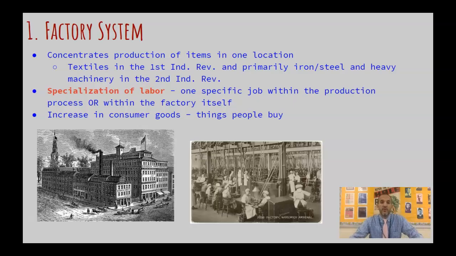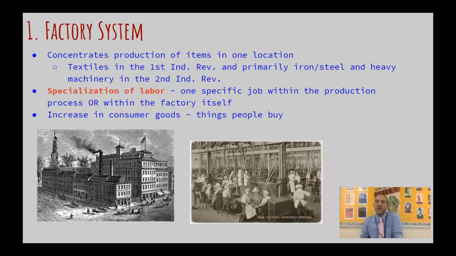But now we have this factory system. What the factory system does is it concentrates the making of products in one location. I know this sounds really obvious and everyone probably knows what a factory is, but the factory really puts this in one centralized location. In the first Industrial Revolution, like we said in the last video, we're really going to have textiles, the production of cloth and cotton, and then the stitching of that cotton together.